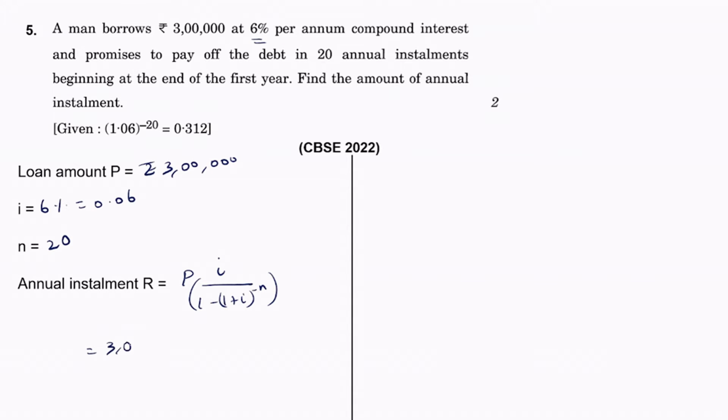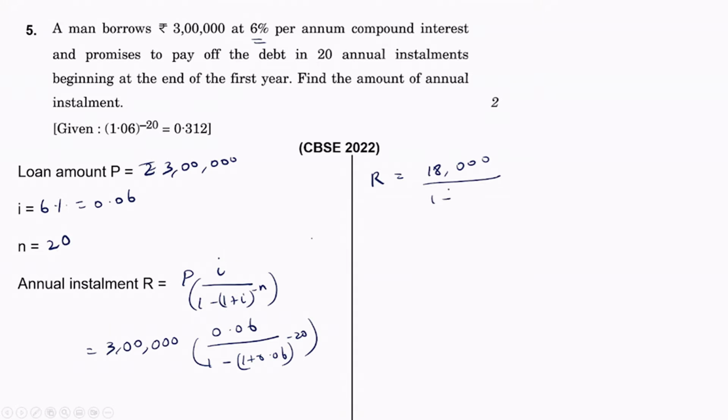So this is 3 lakhs into 0.06 upon 1 minus 1 plus 0.06 the whole raised to minus 20. So here this 3 lakh into 0.06 is 18,000 upon 1 minus 1.06 whole raised to minus 20, which is 0.312.